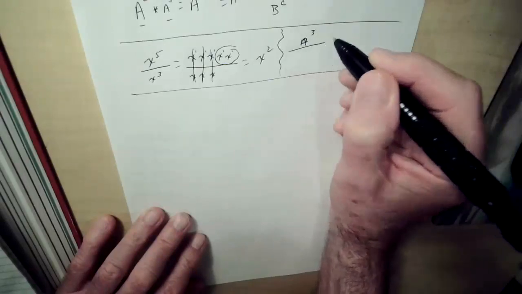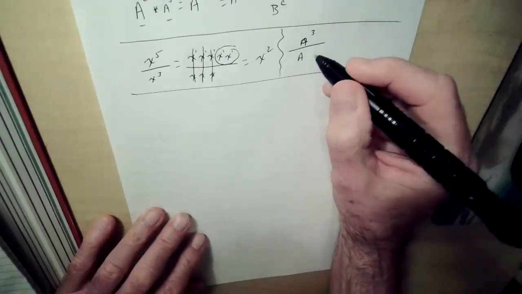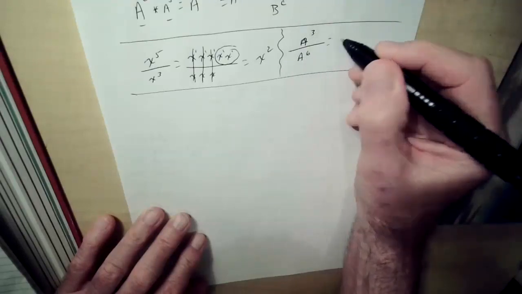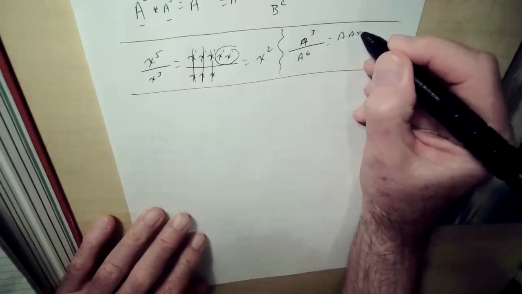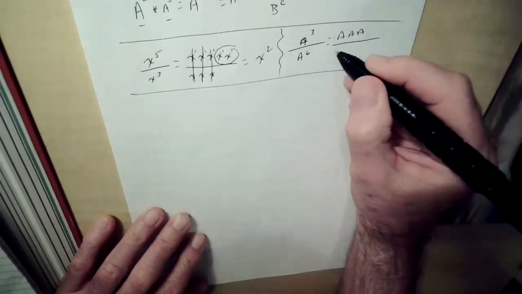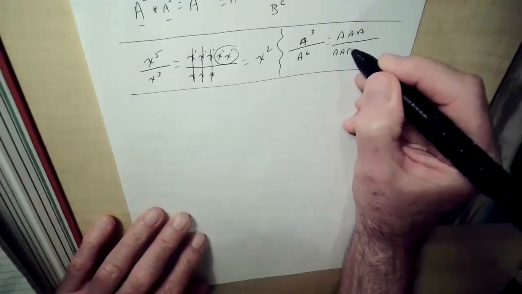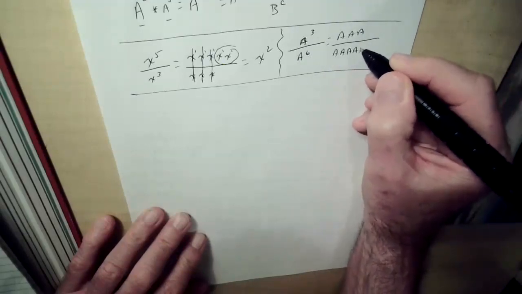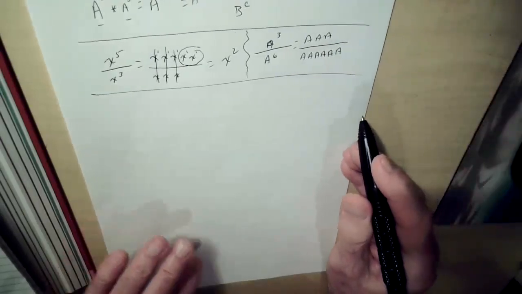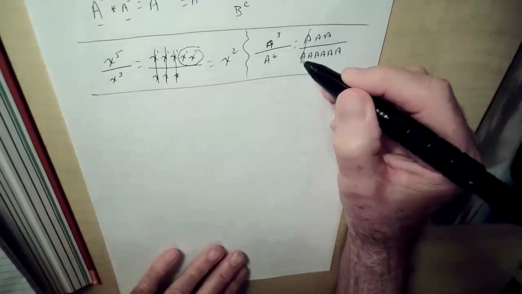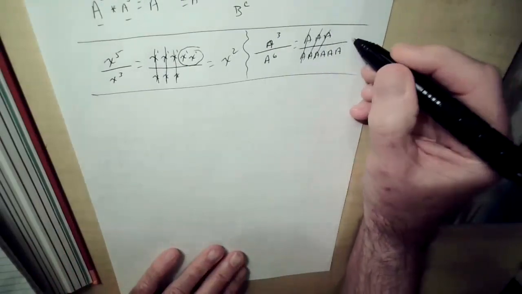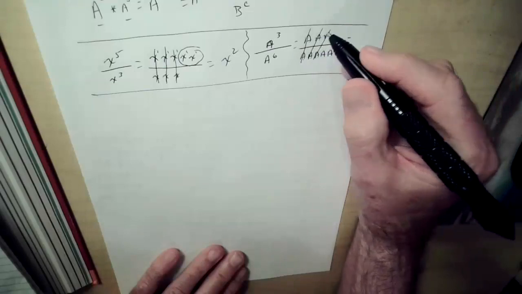And what happens if they're in the denominator? If you have a cubed over a to the sixth, this is a times a times a over 1, 2, 3, 4, 5, 6.